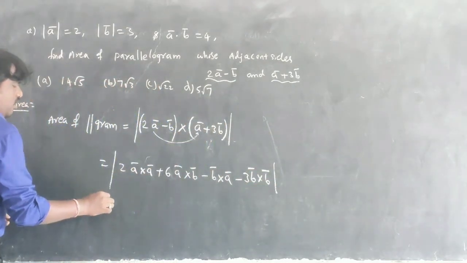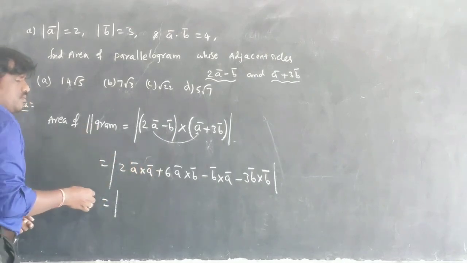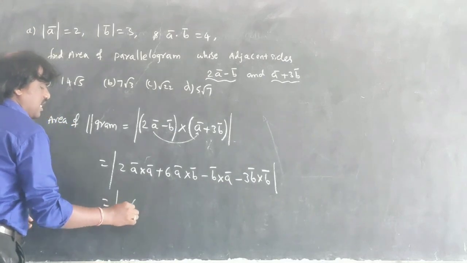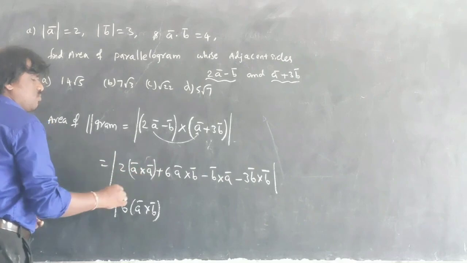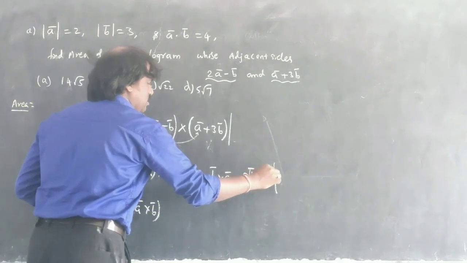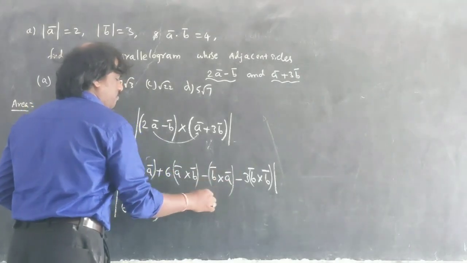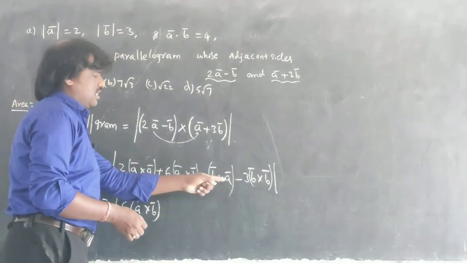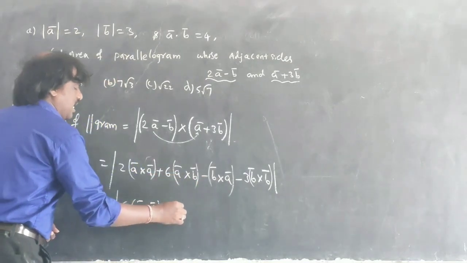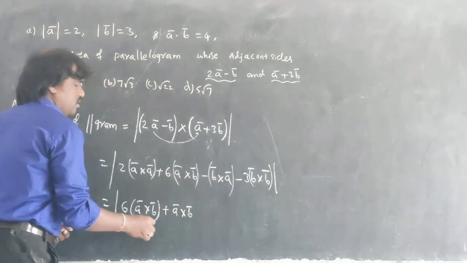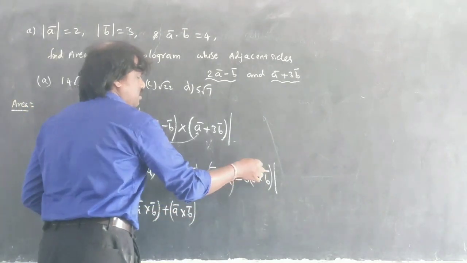As I already informed you, A cross A is 0, and 0 into 2 is 0. You have left here 6 times A cross B, and 1 time minus B cross A. If I change it into A cross B, the sign changes, so I get plus A cross B. And B cross B value will be 0.